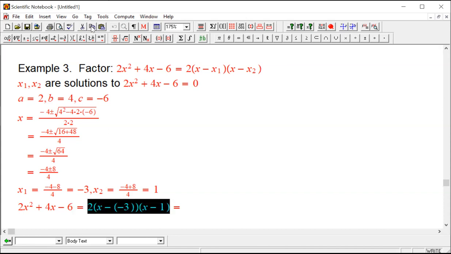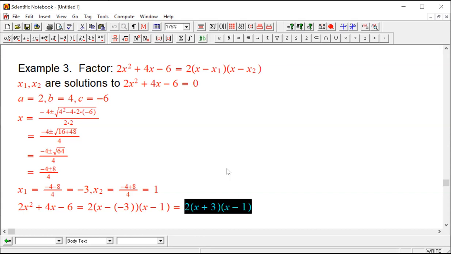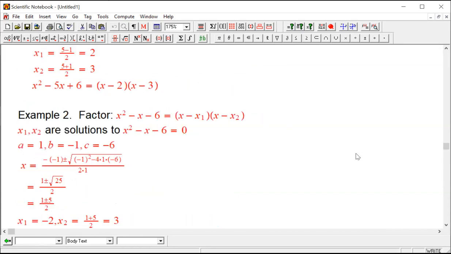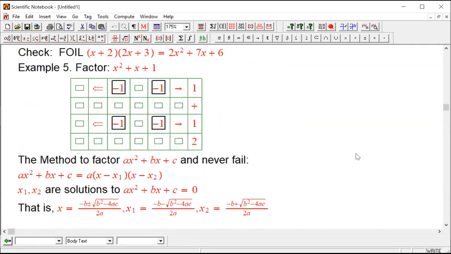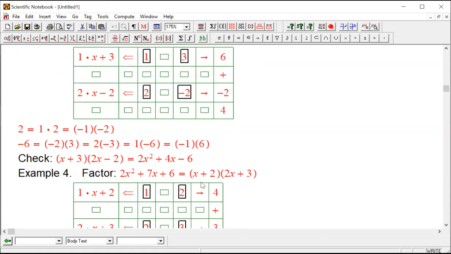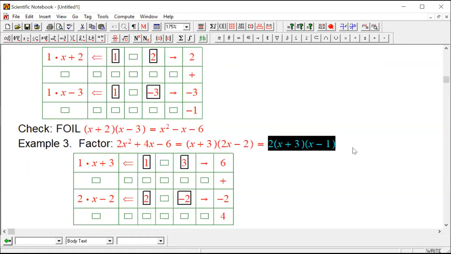So that equals 2 times x plus 3 and x minus 1. Do we get the same factors as in the earlier example? Yes, we did, didn't we? That's exactly what we got.